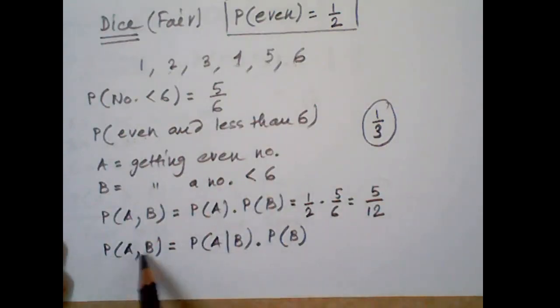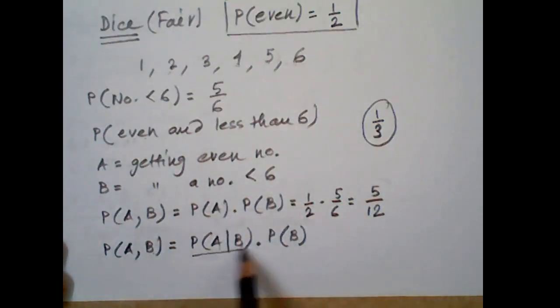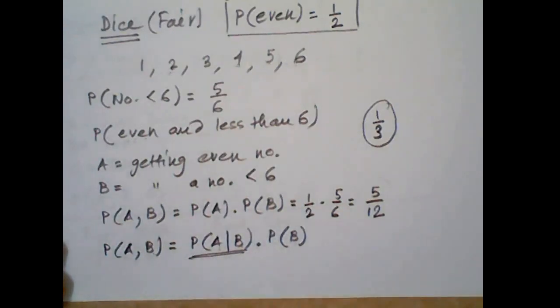Probability of A comma B, meaning the joint probability of A and B, is equal to probability of A given that B has happened times probability of B. And this thing over here is basically what is referred to as the conditional probability. Probability of A conditioned on the fact that B also has happened.